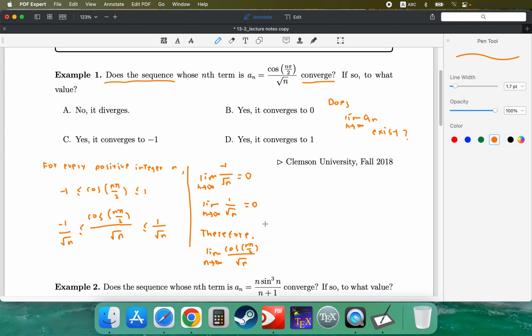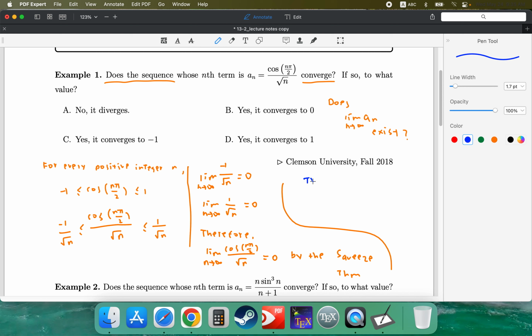So if they go to the same number, then the limit of the middle sequence will go to the same number as well. And this is by the Squeeze theorem.